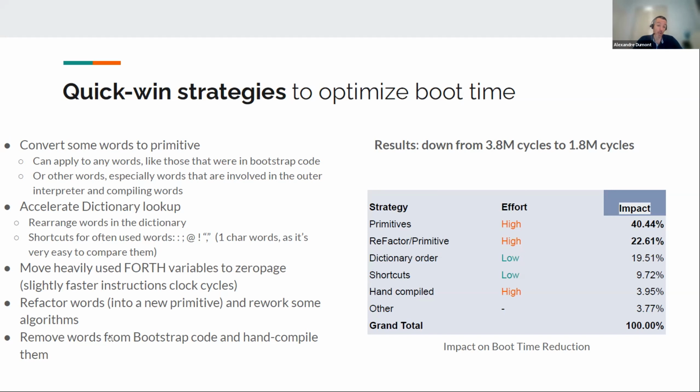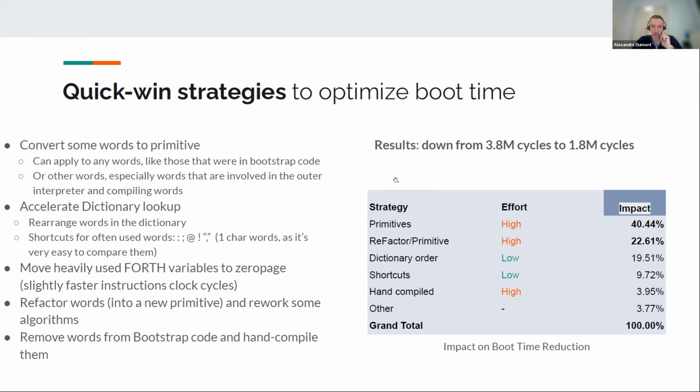And also another strategy was to take the words from the bootstrap code and hand compile them into the assembly listing. So they would not need to be compiled by the compiler.